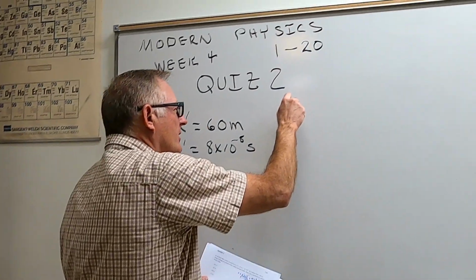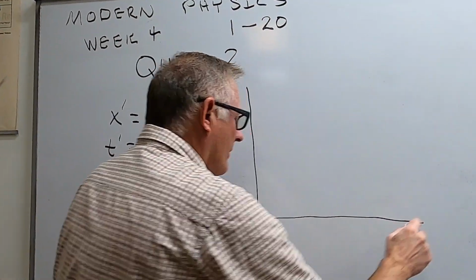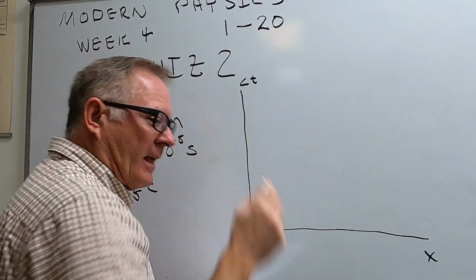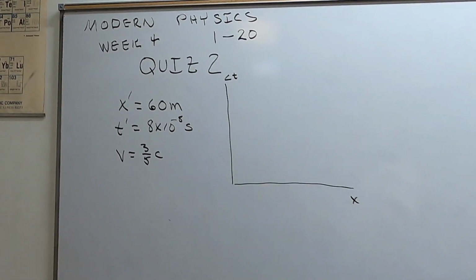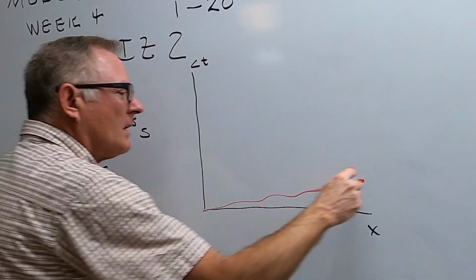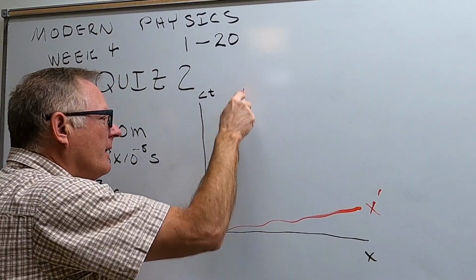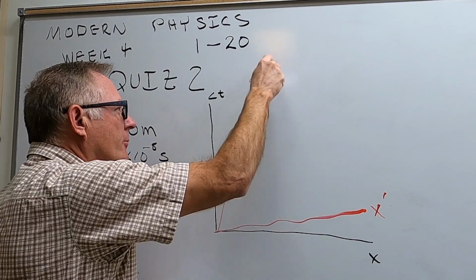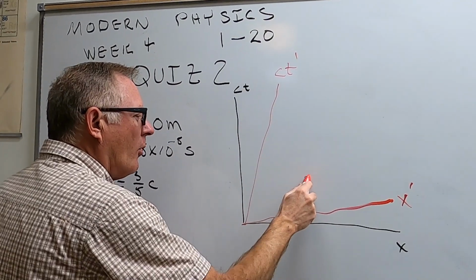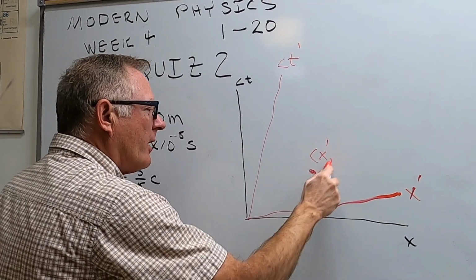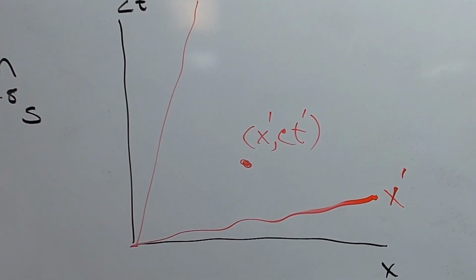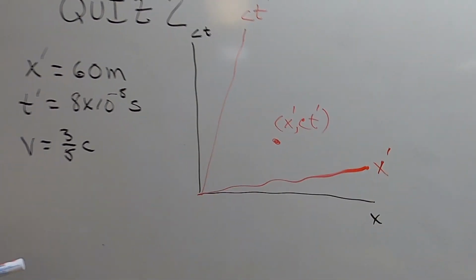So again, if we were looking at our plot here of x and ct and Mary's plot, which is x prime and ct prime, we're just looking at some point out here, x prime, ct prime, and we just ask, what is the x value at that point in Frank's frame?